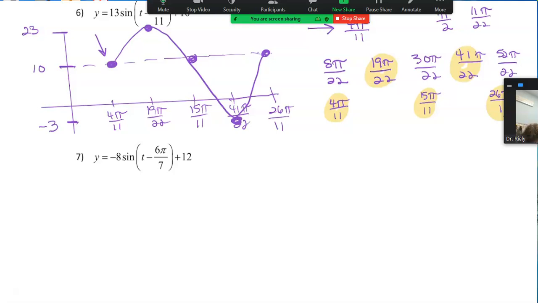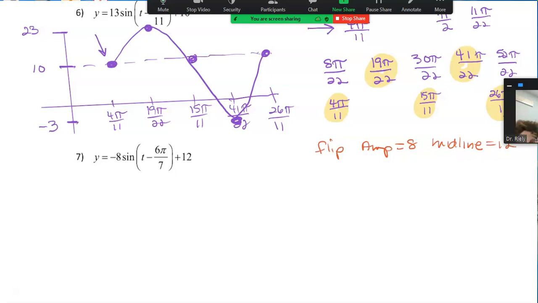Okay, moving on to question 7. Looking at that, I want to first list my changes. So what I'm seeing is that I have lots of things going on. I have a flip. I have an amp equal to 8. I have a midline equal to 12.